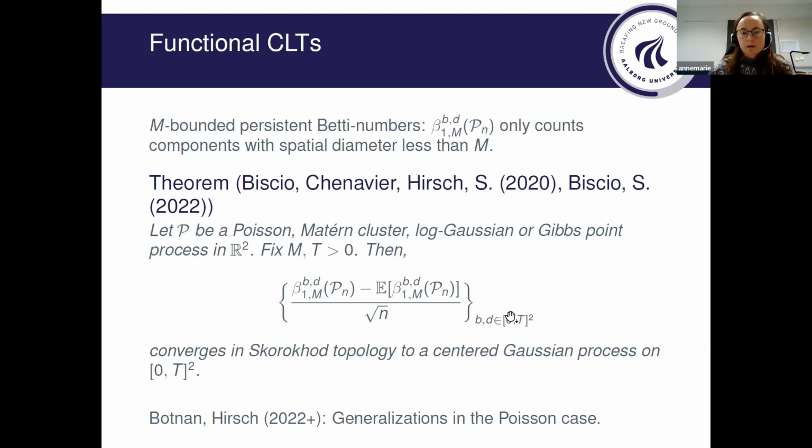And then the claim is that this now is a stochastic function, and it converges to a Gaussian process. So now the convergence is in a slightly different space, the Skorokhod space, which is a sort of space of càdlàg-like functions in 2D. Anyway, it requires a bit more than just the individual convergence of these Betti numbers.